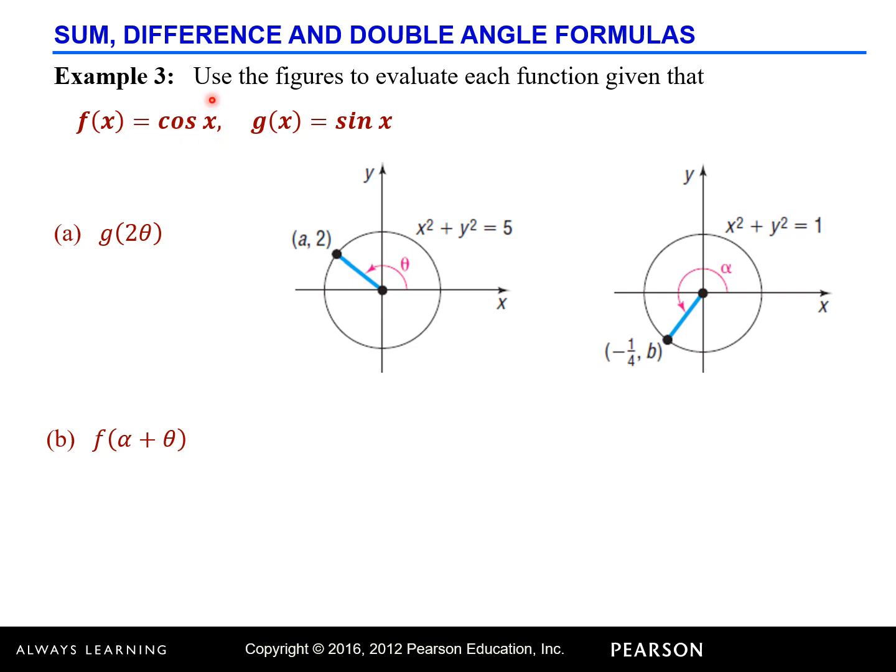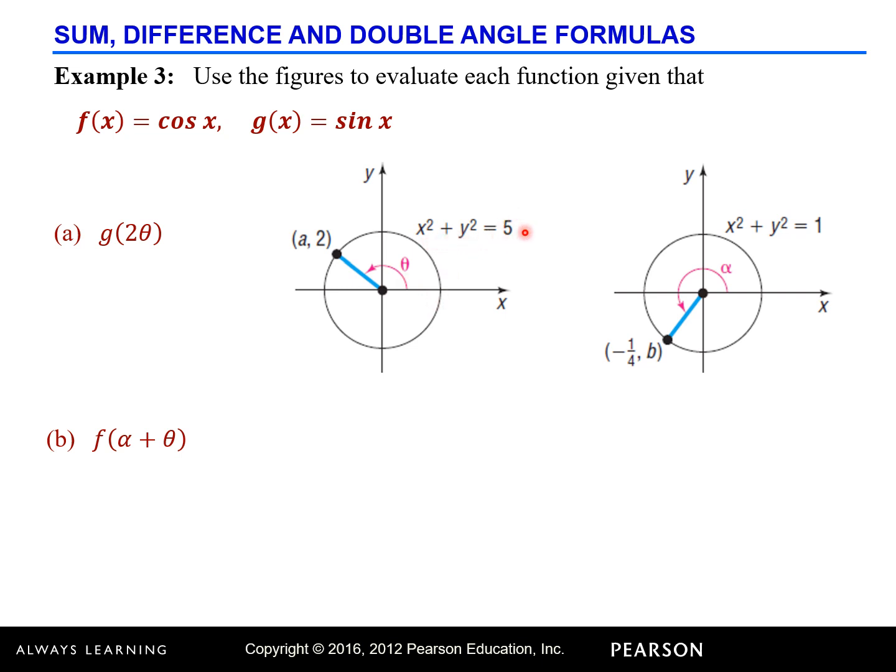Now for the next example, use the figures below to evaluate each function given that the function f is cosine x and g of x is equal to sine x. The condition for theta is using this circle with equation x squared plus y squared equal to 5.